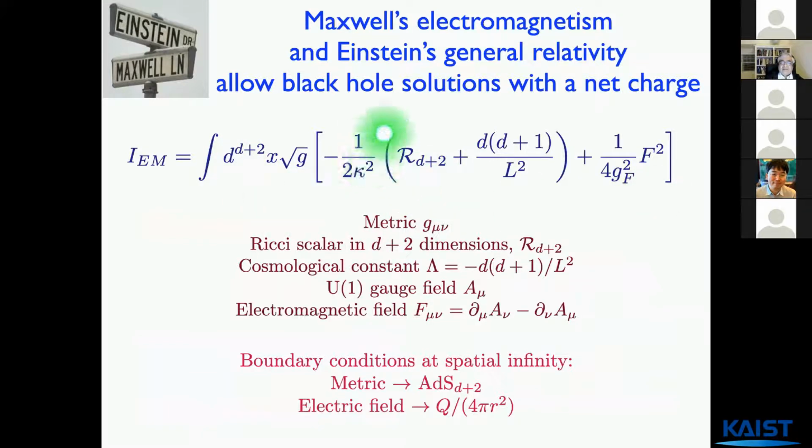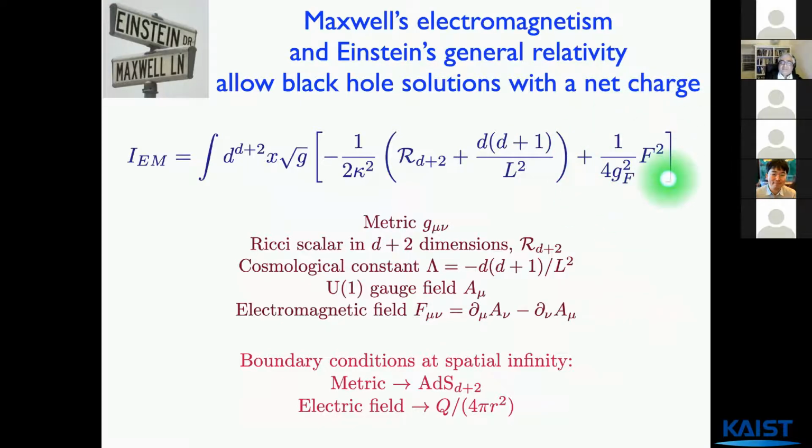This is the Ricci scalar, this is the Einstein action, and kappa squared is the Newton constant. This is the cosmological constant, which we take to be slightly negative, but you can make it as small as you want. It's good to have some slight negative curvature to control the UV behavior. And this is the Maxwell action.